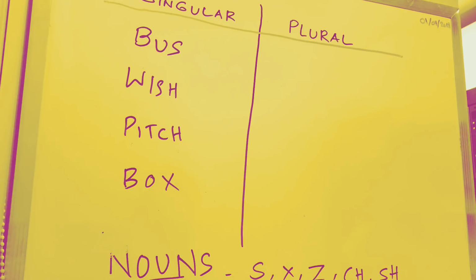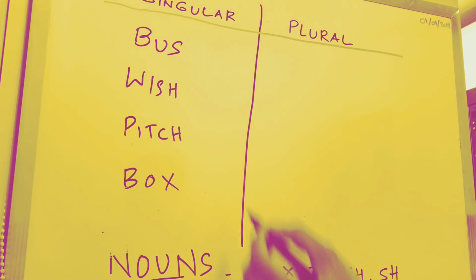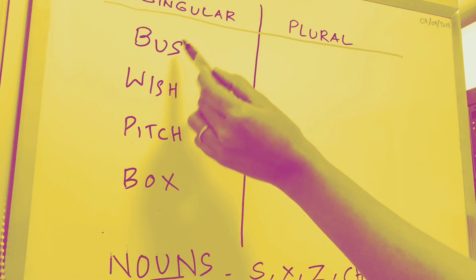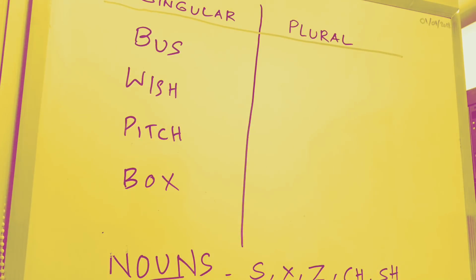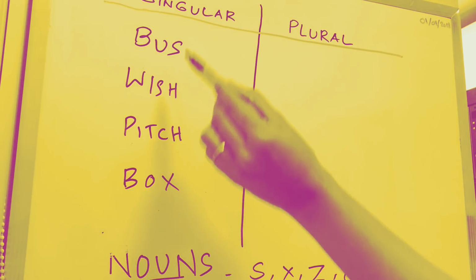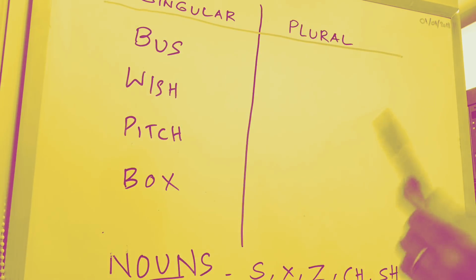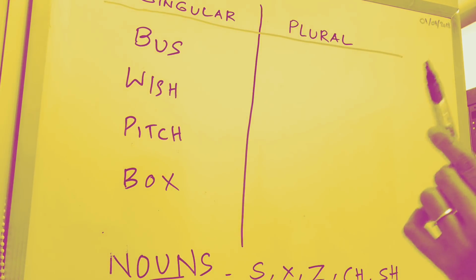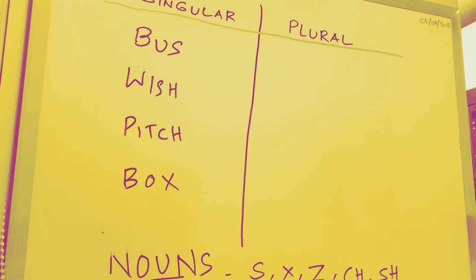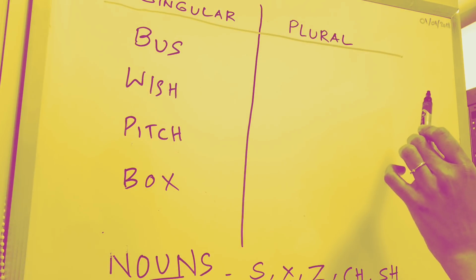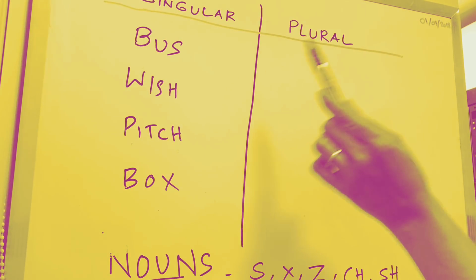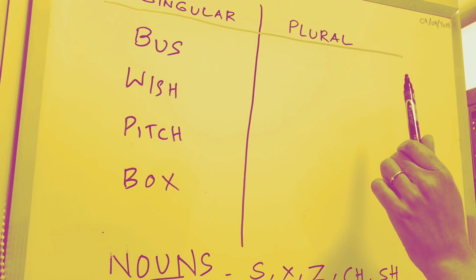So, as you can see, these nouns are ending with some of the letters here. So we said S, SH, CH, X. Like before, how we turned it into plural, we just added an S and it became plural. That means we were talking about more than one.